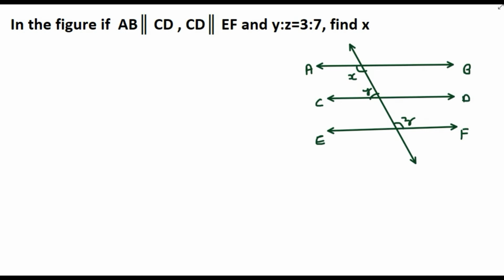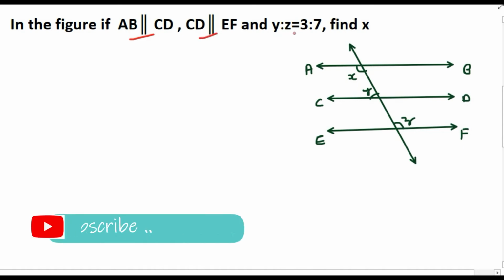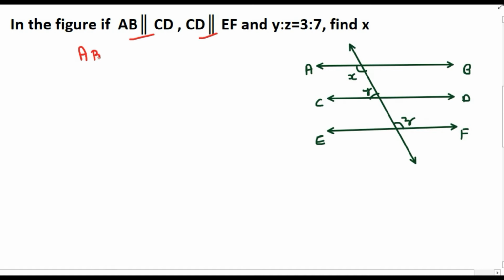Now the second question is, in the figure, if AB is parallel to CD and CD is parallel to EF and y:z equal to 3:7, find x. So they have given AB is parallel to CD. Also CD is parallel to EF.